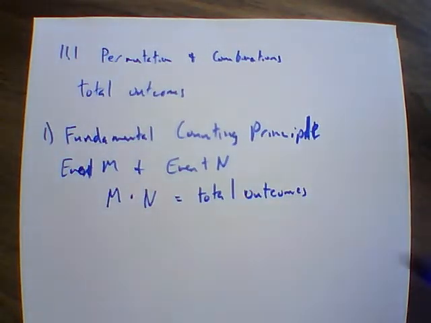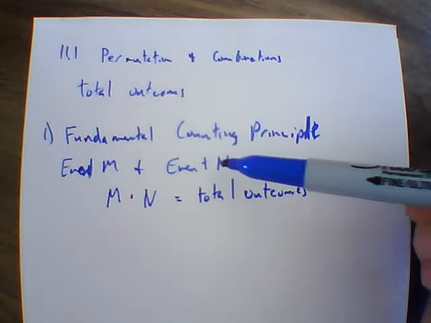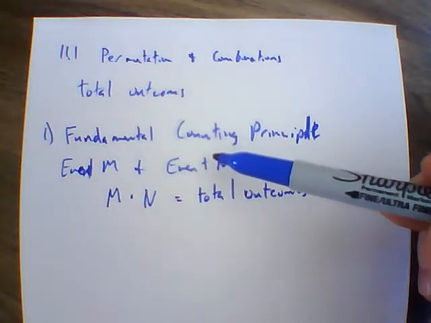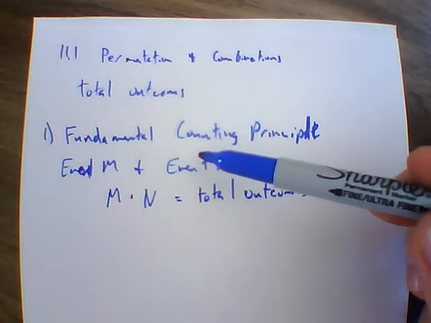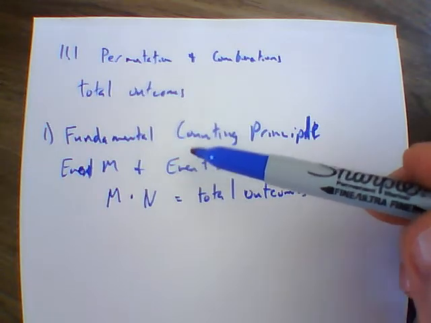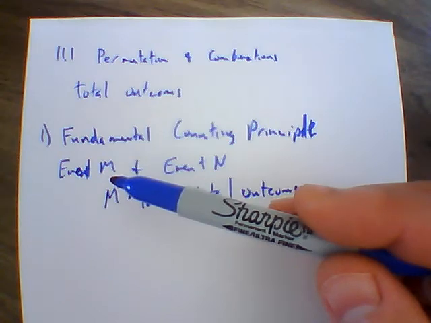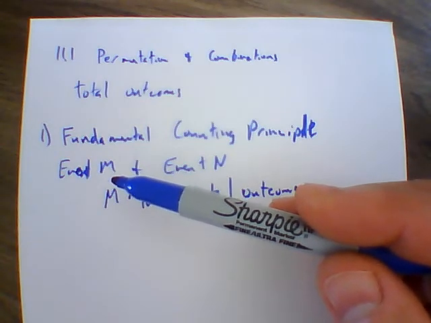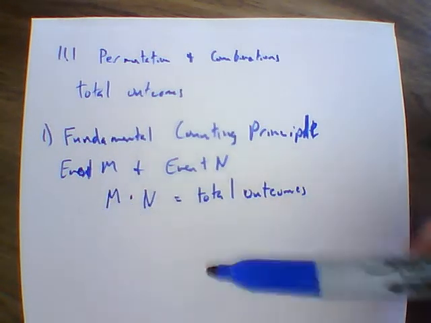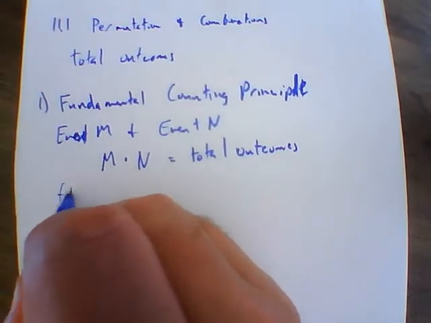Basically, we're talking about two things that happen. They could be the same thing, but happening twice. One thing we could look at is how many possible arrangements there are if we flip a coin and roll a number cube.